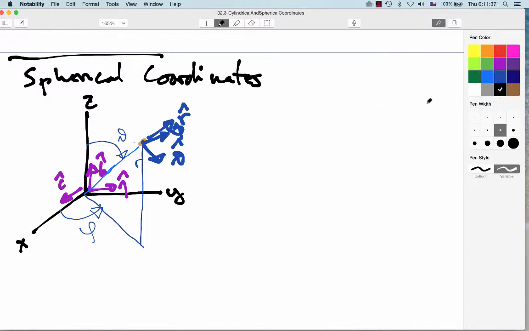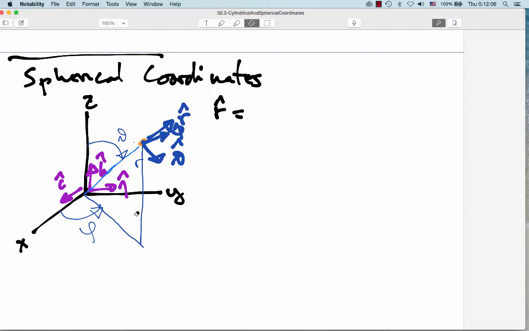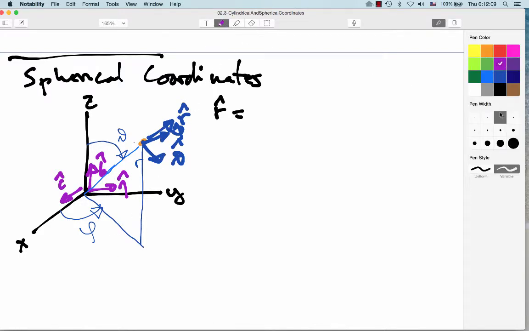Okay, if ever you need to convert into Cartesian, r hat is going to work out to be, well, to get the i hat component, I'm going to have to take that and times it by the sine of theta. And then to get this length right here, that would be r times the sine of theta.